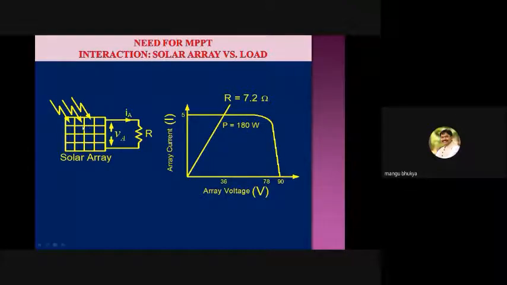But actually the power available in the panel is more. Because of this mismatch we could not extract the maximum power. To extract the maximum power, the operating point should lie here, but it is lying here, away from your MPP point. So we are drawing only 180 watts.